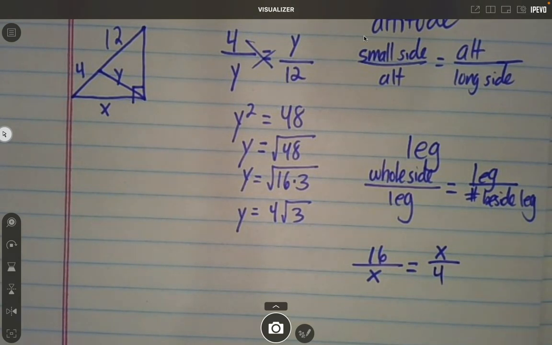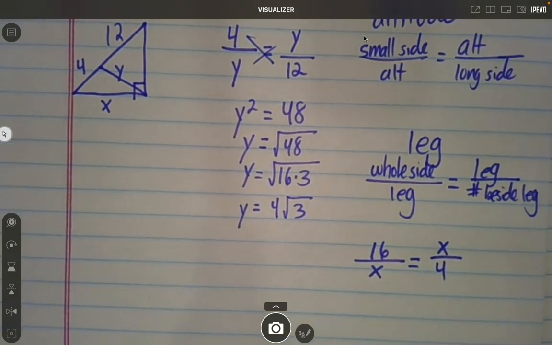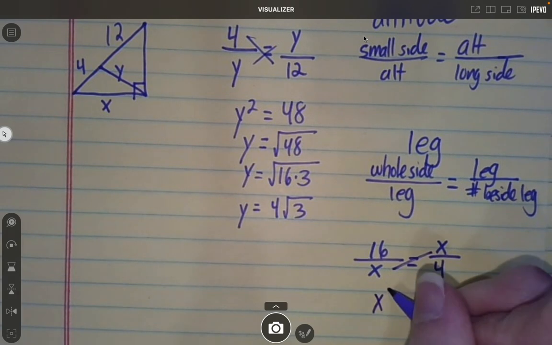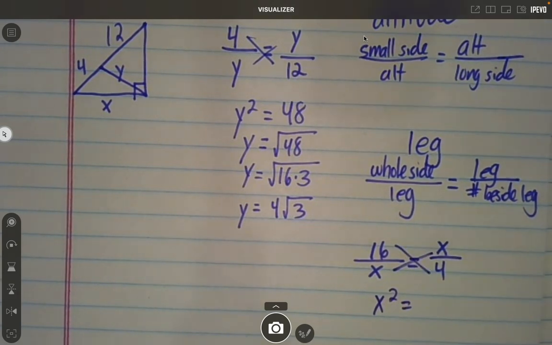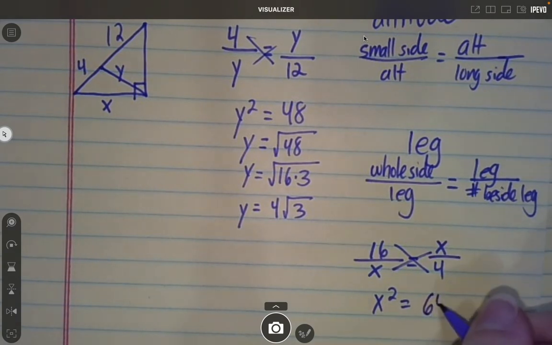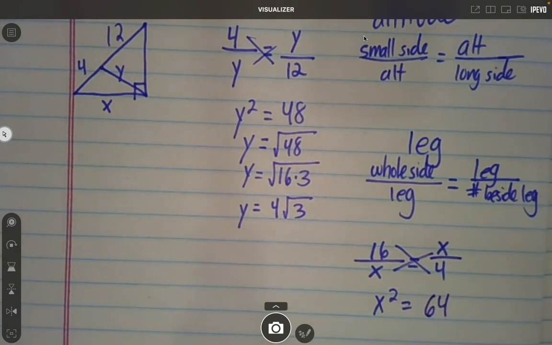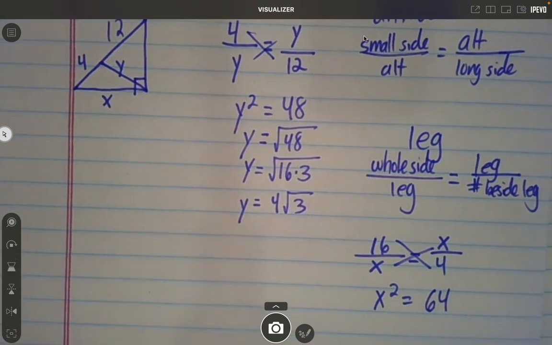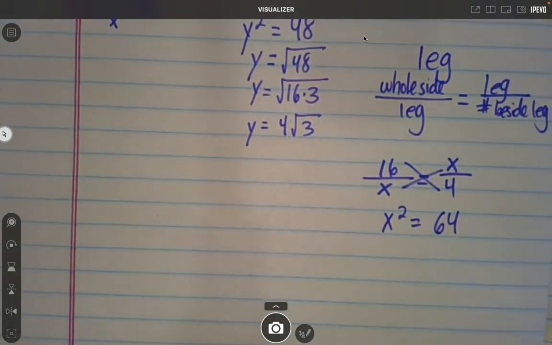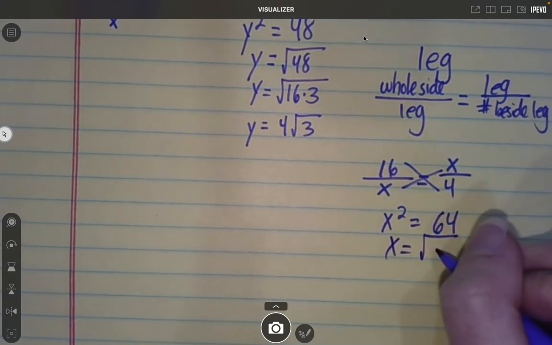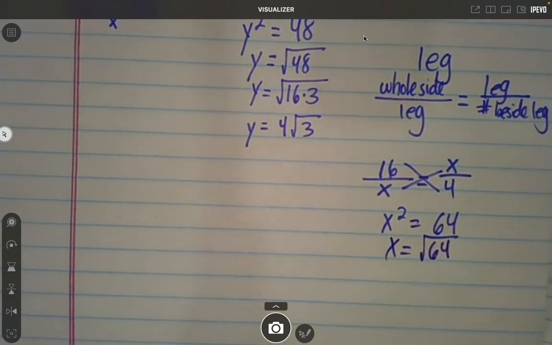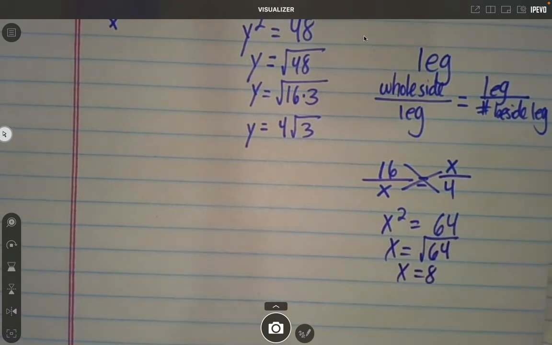So I get x squared equals 16 times 4, which is 64. Then you square root both sides. The square root of 64 is 8. So there's our x.